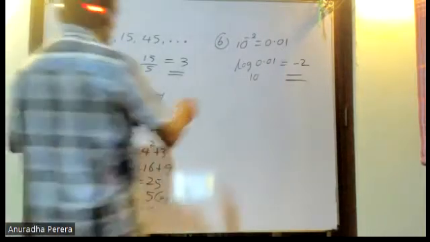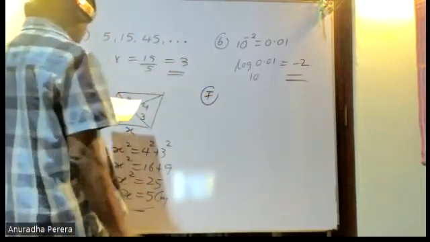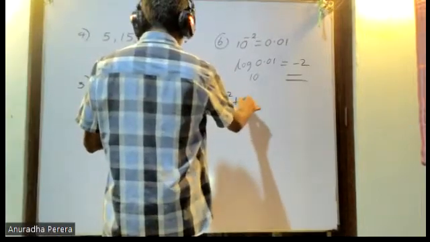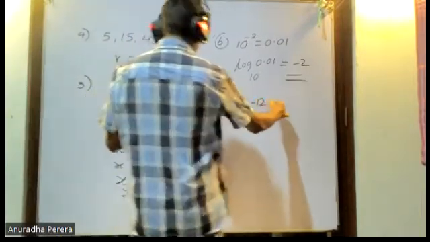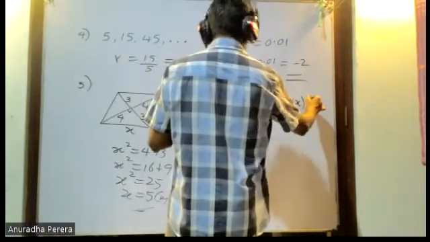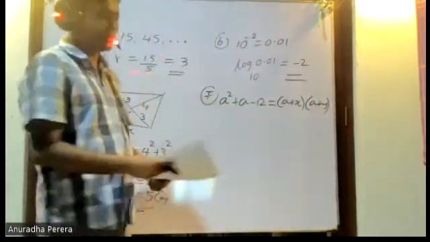Question number 7. Determine the value of x plus y if a squared plus a minus 12 equals (a plus x)(a plus y). Factorize this.